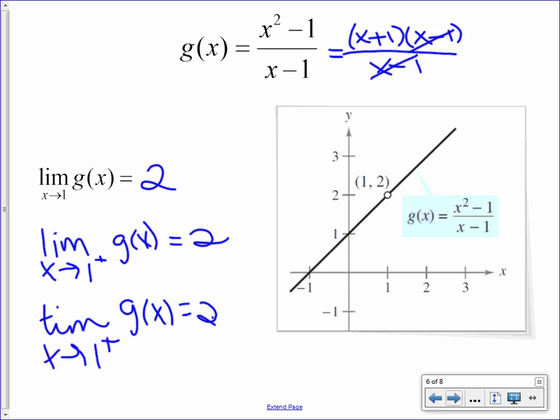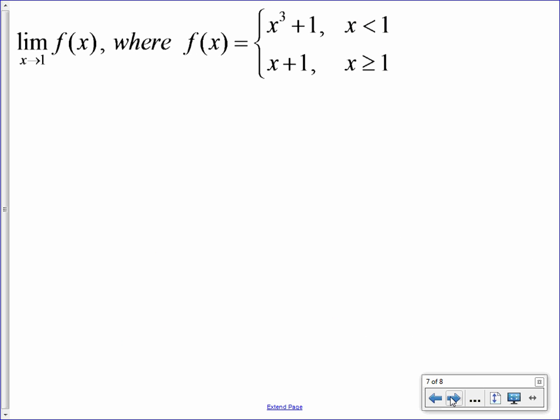I would like you to find this limit by showing your work.